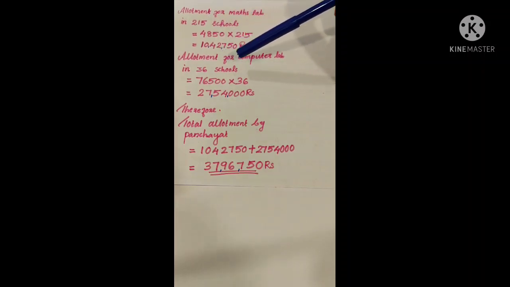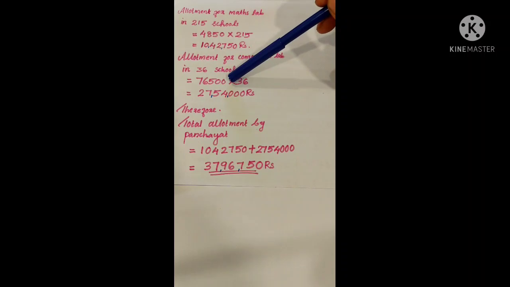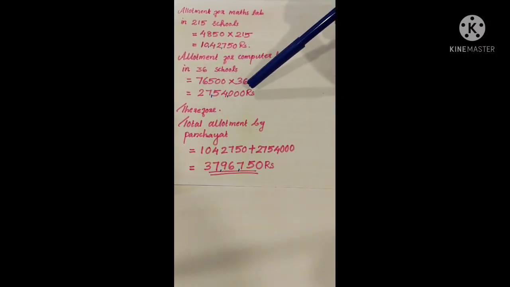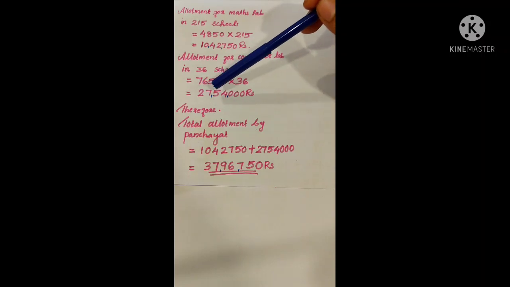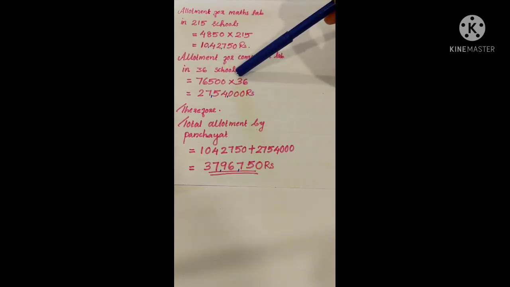Then allotment for computer lab in 36 schools is equal to 76,500 into 36. By multiplying, we get the product as 27,54,000 rupees. That much amount is needed for setting up a computer lab in 36 schools.